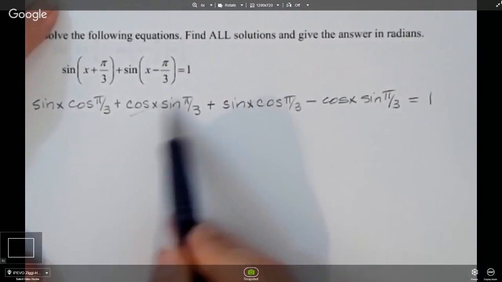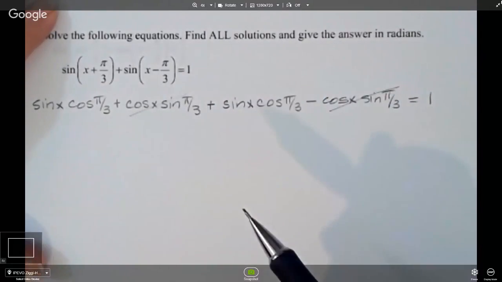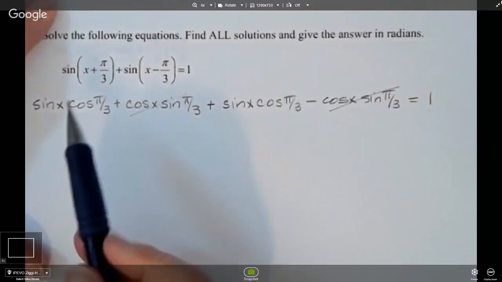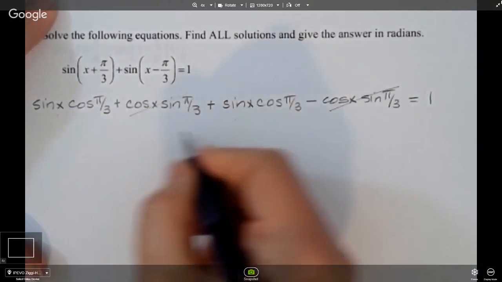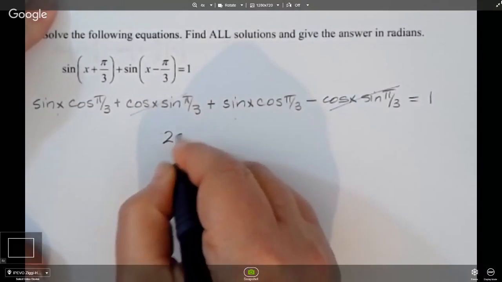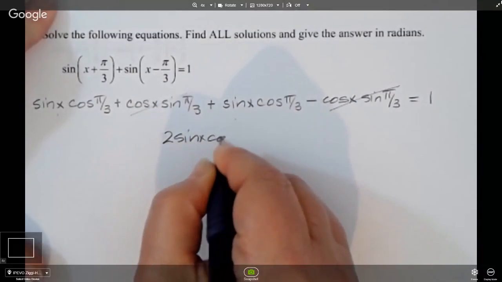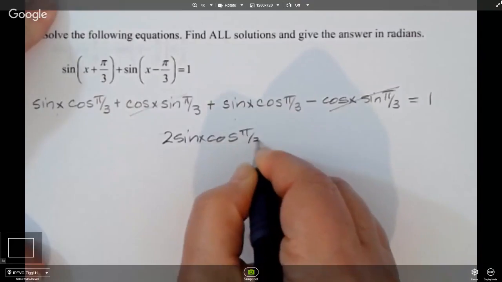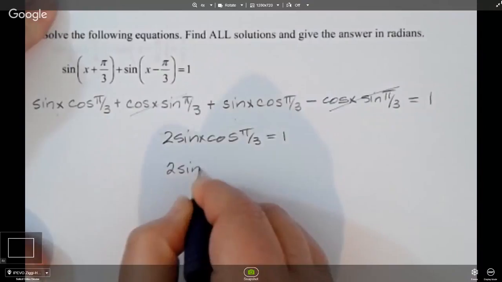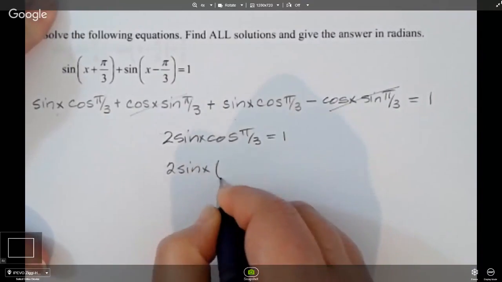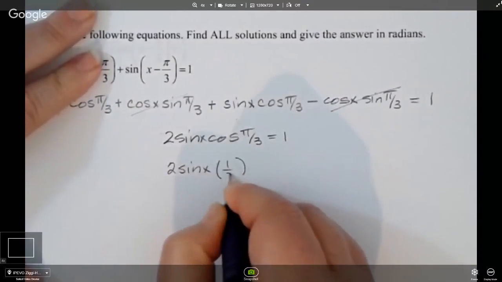So since they're the same, we can just cancel them out because they're opposite signs. And then this term and this term are the same, but we're adding them. So we get 2 sine x cosine of pi over 3 equals 1. And the cosine of pi over 3 is 1/2.